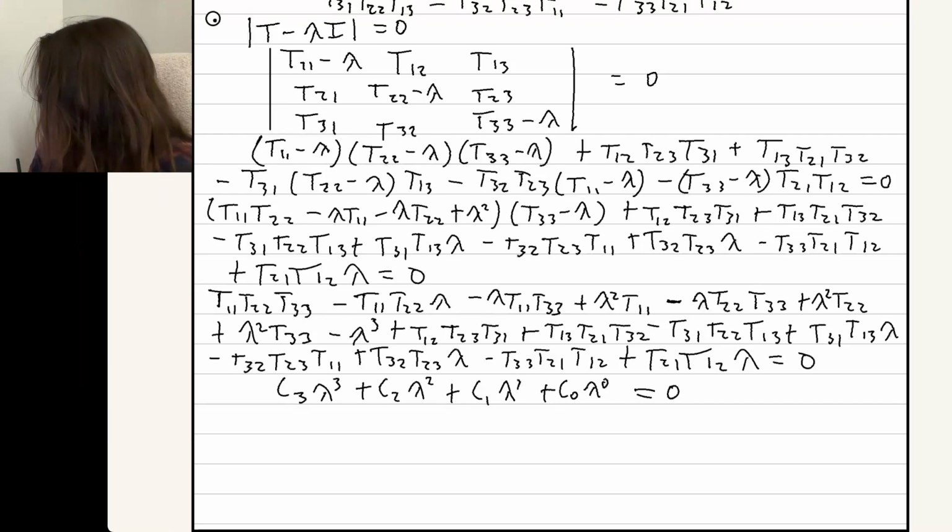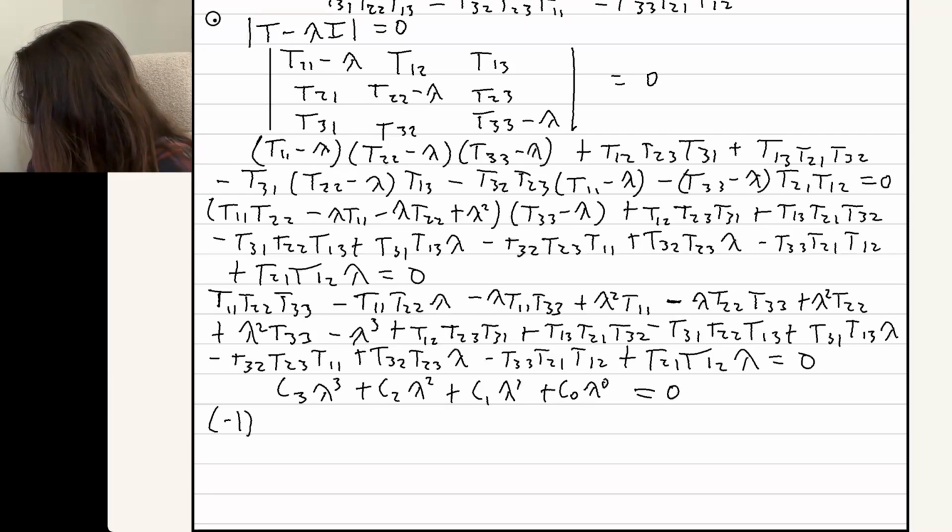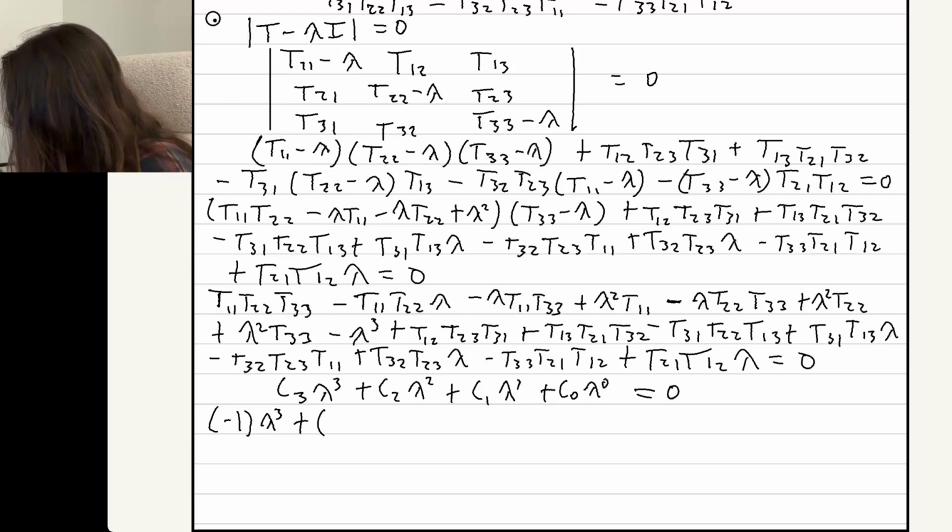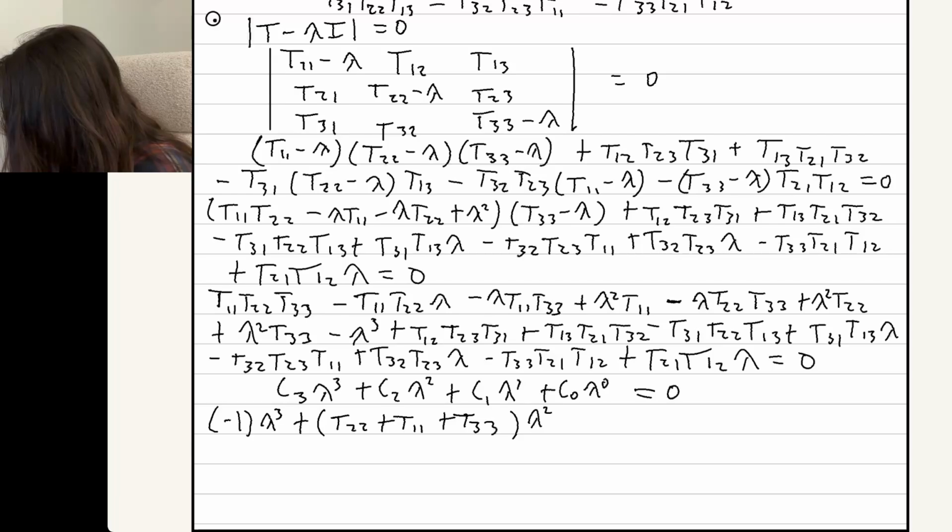Grouping it together like that, the only term on lambda cubed is a minus 1, so we just have minus 1 lambda cubed. That is for sure. The lambda squared terms are T22 plus T11 plus T33. That's it.